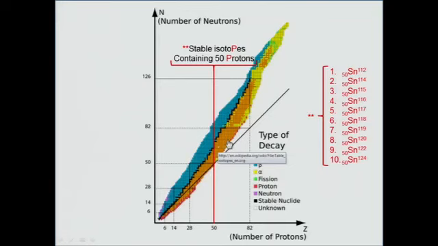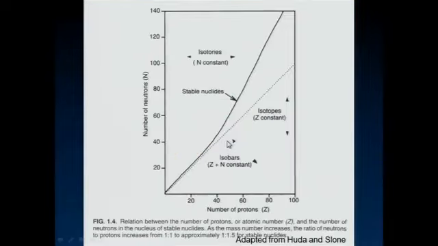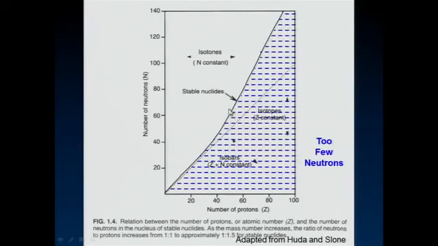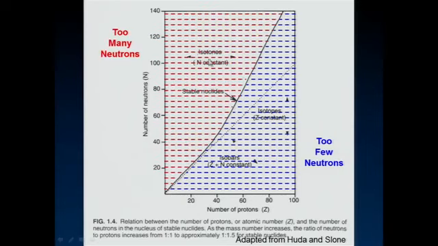And that's going to help us decide what the decay scheme is going to be. So going back to that picture, these are the things that have too few neutrons, or if you will, too many protons relative to neutrons. And these are the things that have too many neutrons, or if you will, too few protons relative to the neutrons.